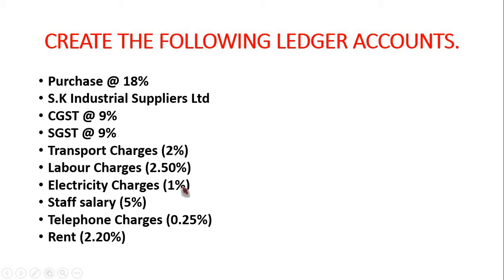This is for your reference when you are entering the manufacturing journal voucher. Then you have to type transport charges. Don't type the amount, type the percentage. It will calculate the amount on the total cost of production.